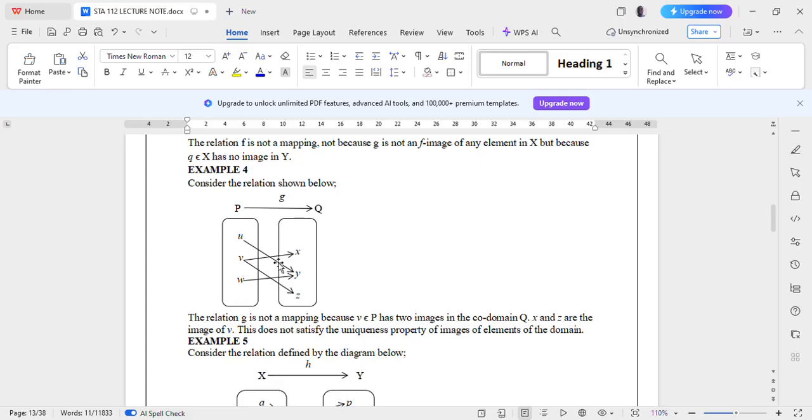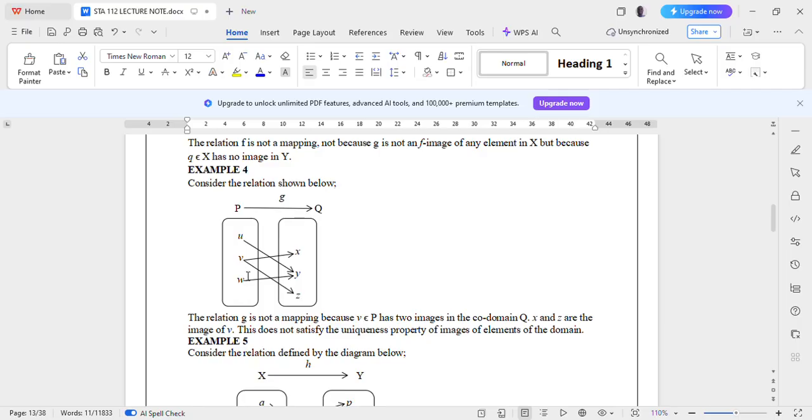It's only one image. Or let me put it this way: it is wrong for two different fathers to claim one child. A father can claim many children, but it is not possible for two parents to claim one child. So this is the case that happened here.